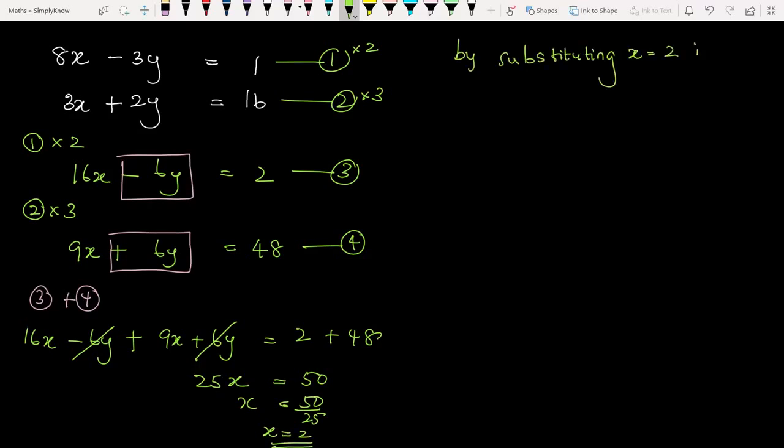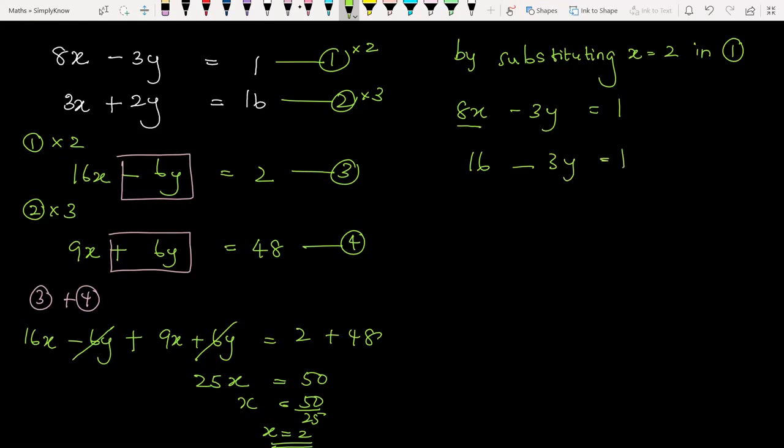So by substituting x equals 2 in the first equation, 8x minus 3y equals 1 is our first equation. x is 2 now. This means 8x is 8 times 2, which is 16. 16 minus 3y equals 1.